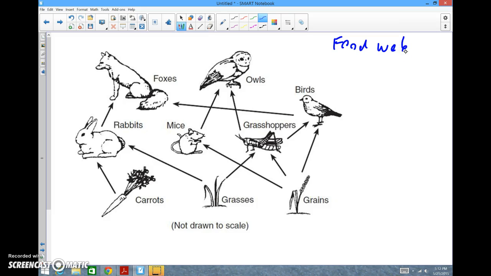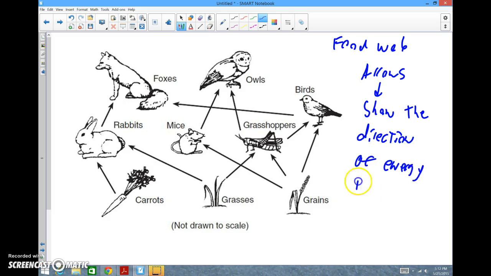So in a food web, a couple of basic things. Arrows on a food web show the direction of energy movement. Okay? So what that means is if you take a look at this bird right here, energy is going from the bird to the fox.